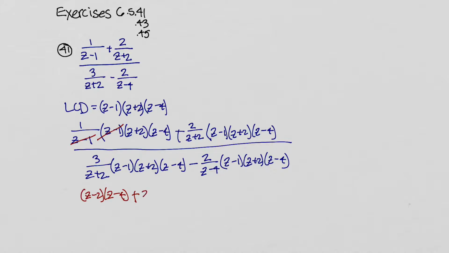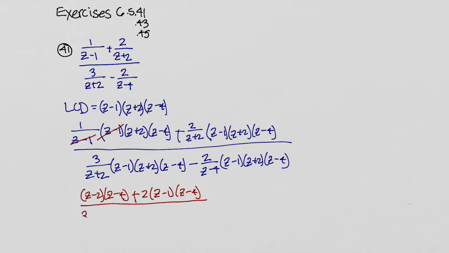So let's write that. 2 z minus 1 z minus 4. And in the denominator, this z plus 2 will cancel with that one, so we'll have 3, this z plus 2 with that z plus 2. So we'll have 3 times z minus 1, z minus 4.